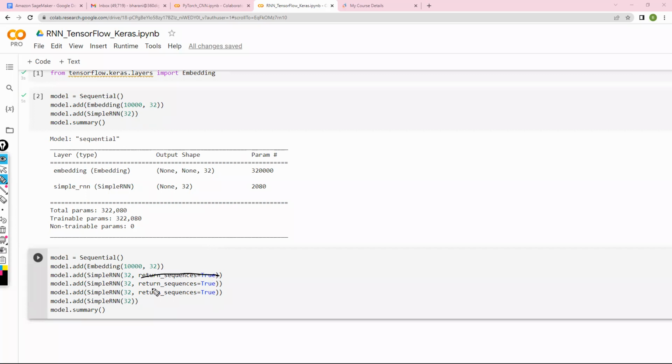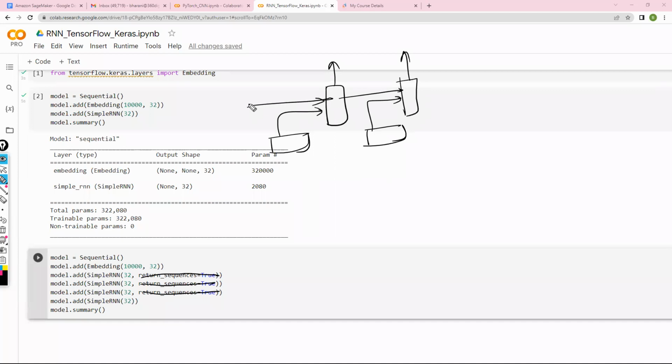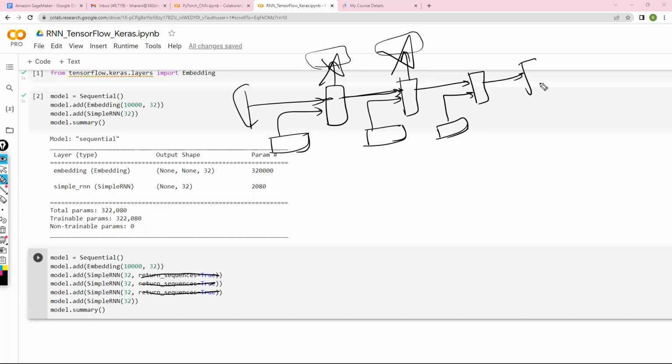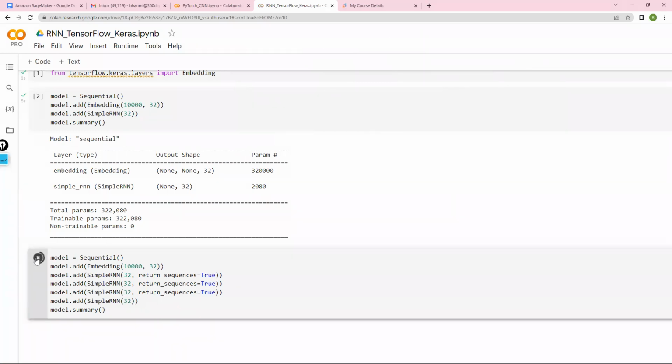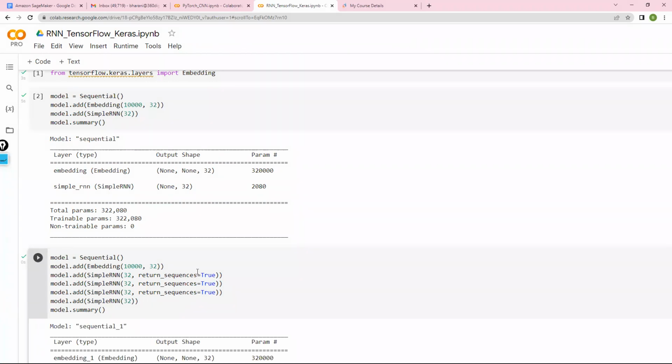If you do not use return_sequences, the results will get displayed immediately, right here. But if you don't want the results to be displayed immediately, and you want all the results to be carried forward and only the final output to come out here, then you use return_sequences. Wherever you do not use it, that is where the output would come out.